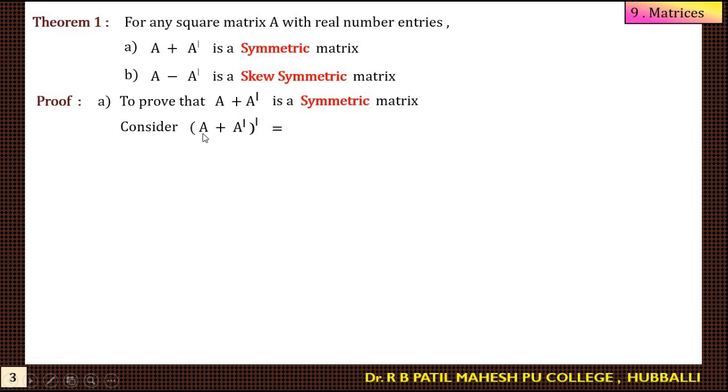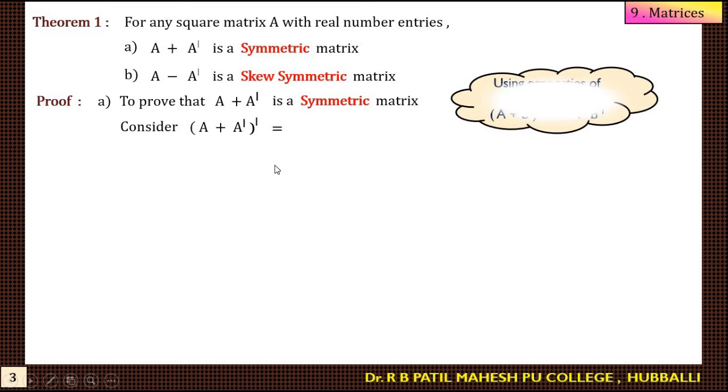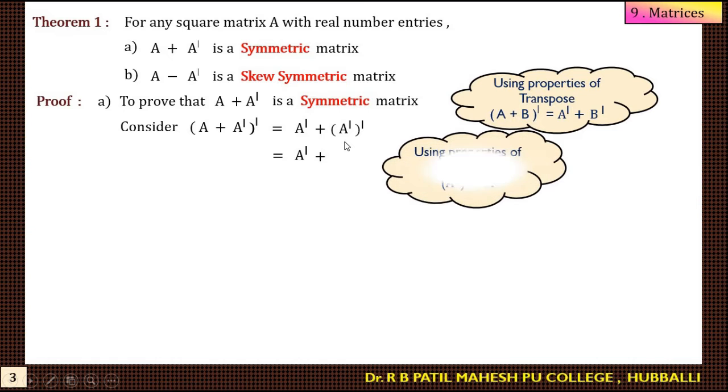So that is equal to, now using the properties of transpose, if you have an addition, individually you take the transpose, like A plus B whole dash is written as A dash plus B dash. So now here A plus A dash whole dash we have, so A dash plus A dash whole dash. Now A dash as it is, A dash whole dash by the property is the matrix A. When you find the transpose two times, it remains A, it gives the same matrix.